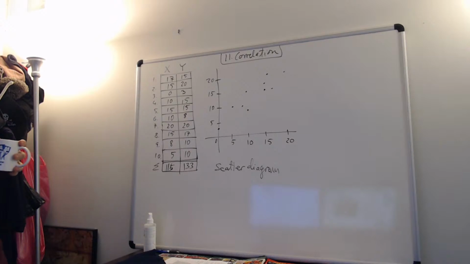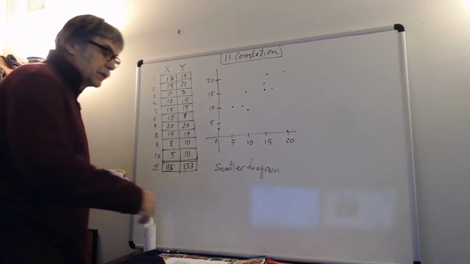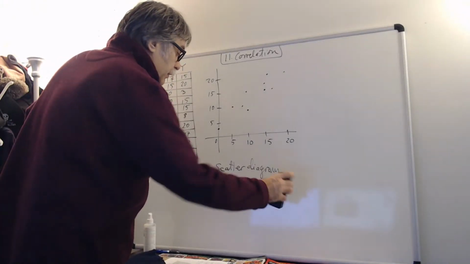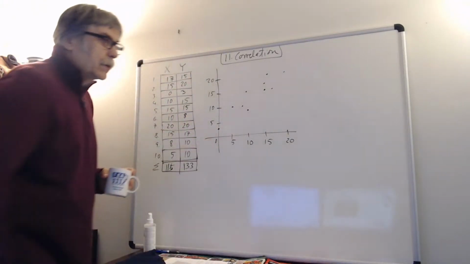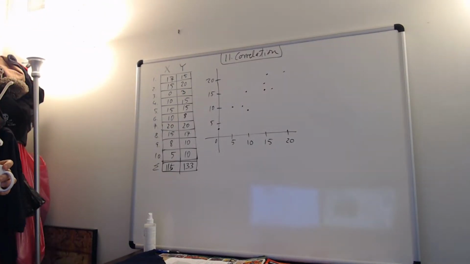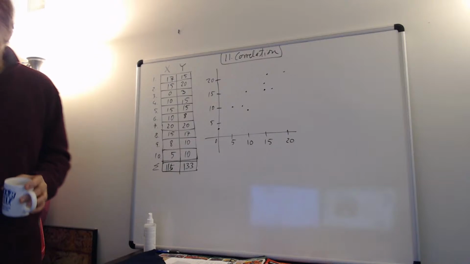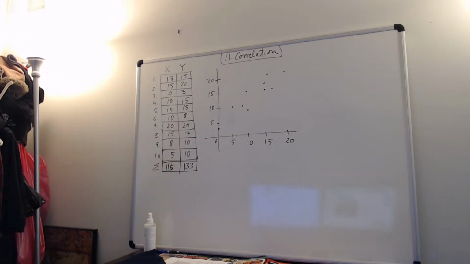Now that's visual. I can see there is a correlation here. But now the question is, what do you do with that? You can say there is a trend here, and that's pretty much it, right? But we are studying science. So in science, we are doing analysis, we are doing calculation.